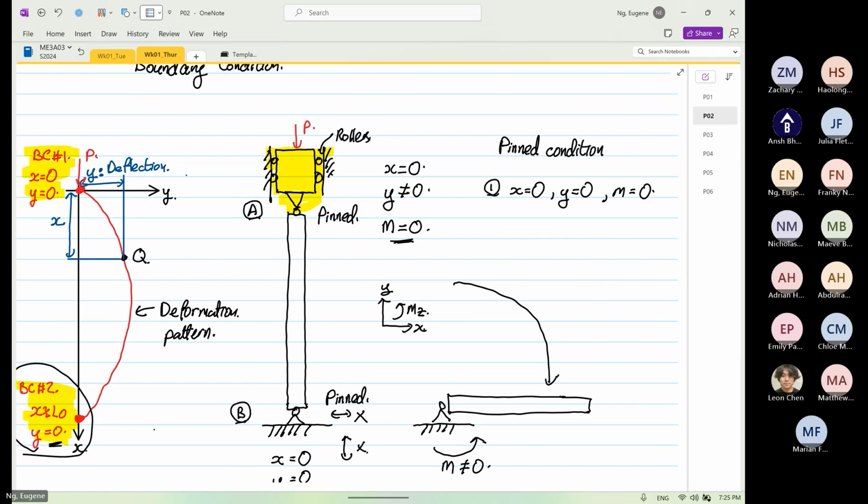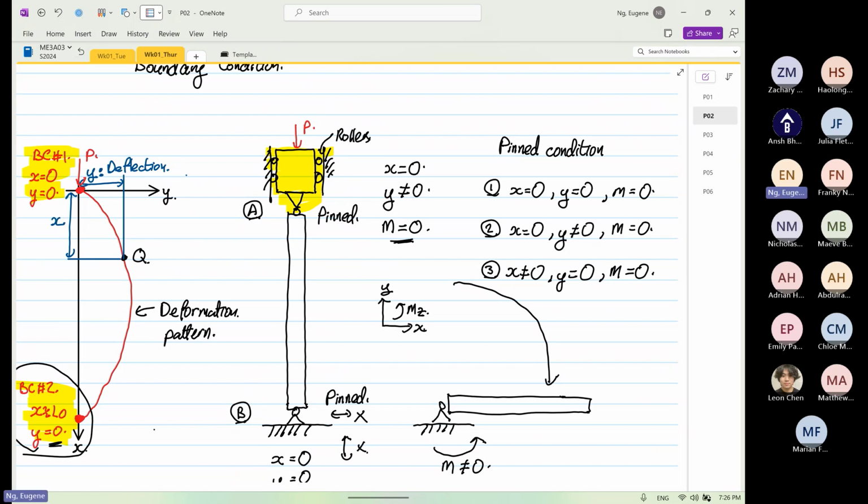The second condition for pin: X is equal to 0, Y is not equal to 0, M is equal to 0. We can even have condition number 3, where X is not equal to 0, Y is equal to 0, M is equal to 0.